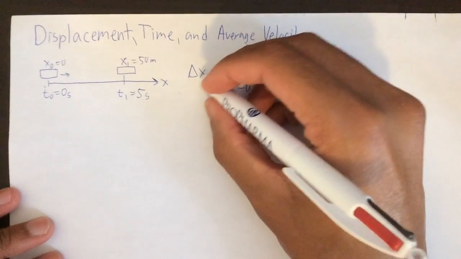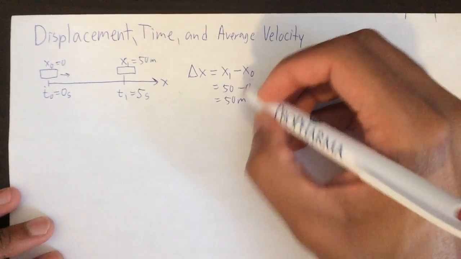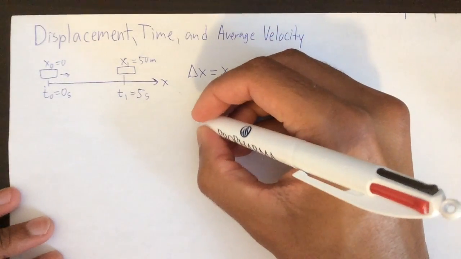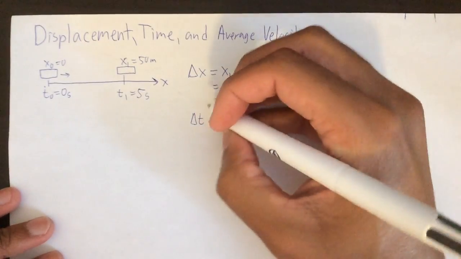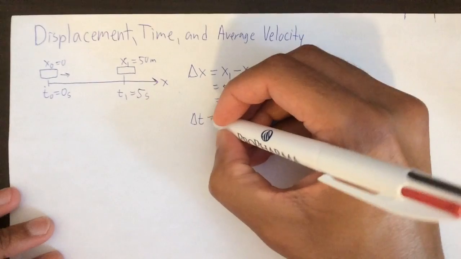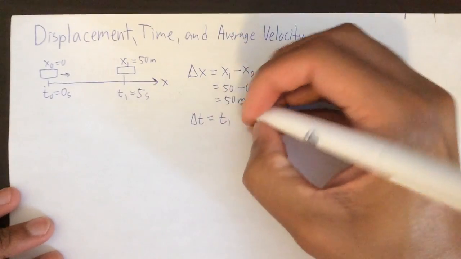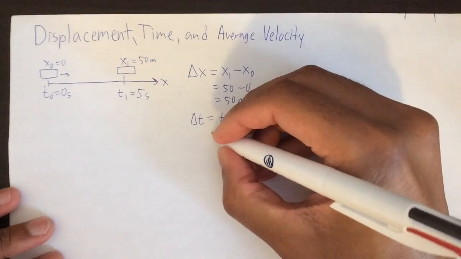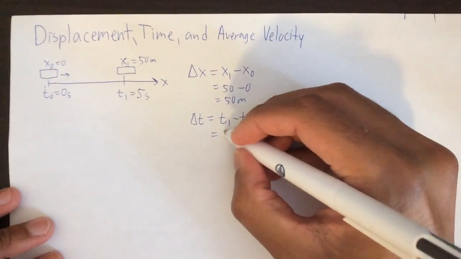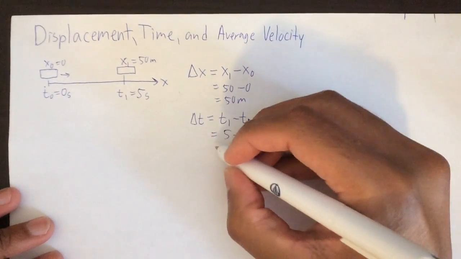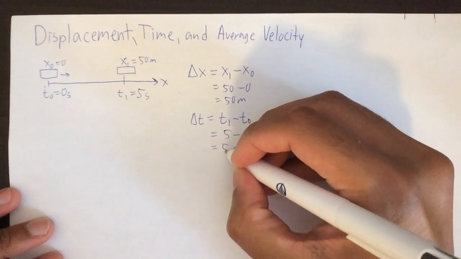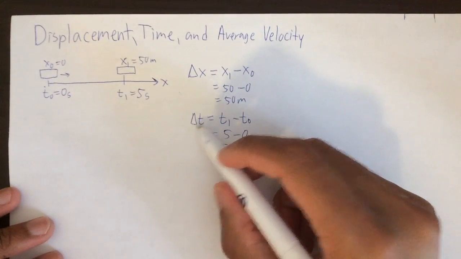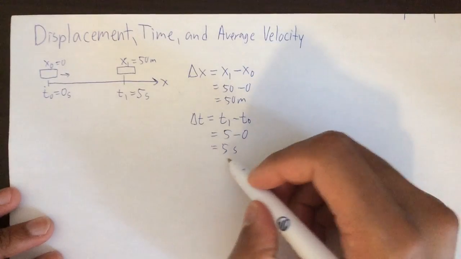Now this is the displacement of the car, 50 meters. Now the change in t, which is the change in time, is equal to t1 minus t0, which is equal to 5 seconds minus 0 seconds, which equals 5 seconds. So this is the change in time, which is 5 seconds.